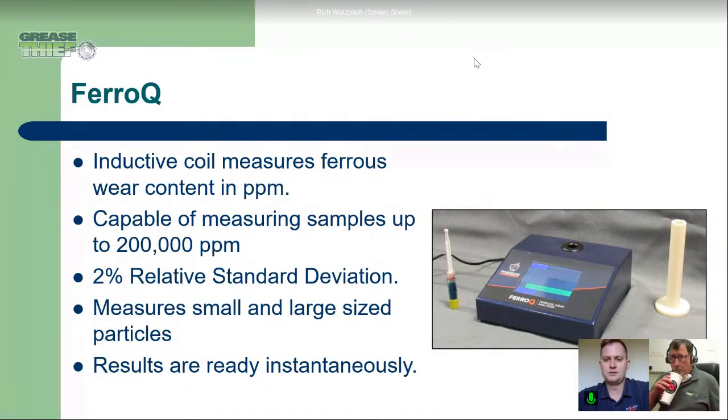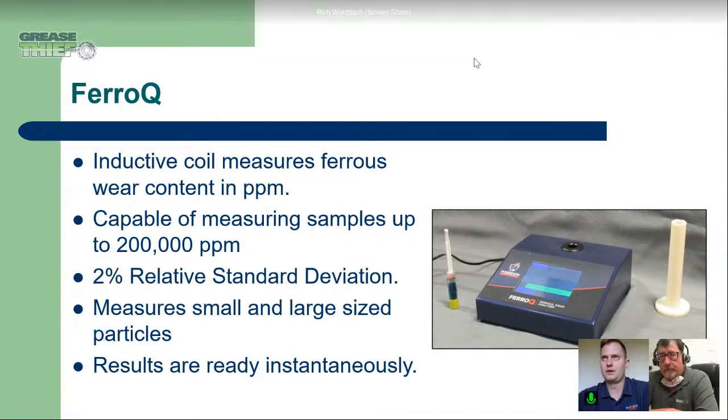It's as easy as dropping the sample in and reading the readout. So rather than sending every sample to the lab, these can be screened. If they have high ferrous content, they can be sent out to the lab to get other properties. Ferrous content is really the best indication for the overall health of the component.